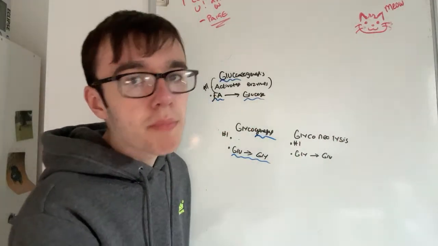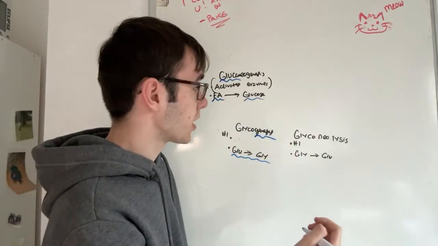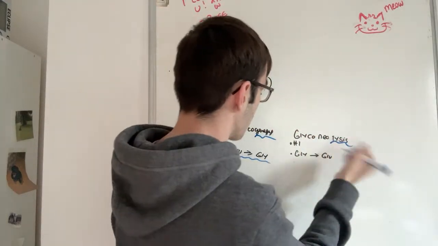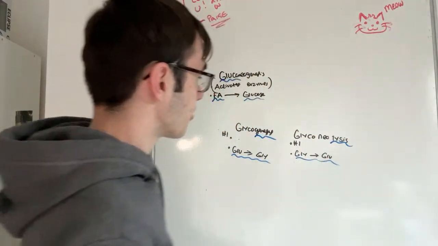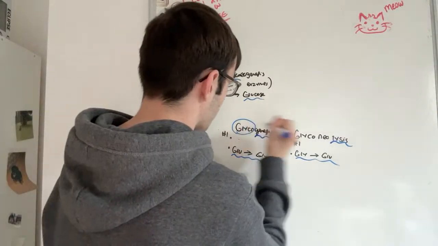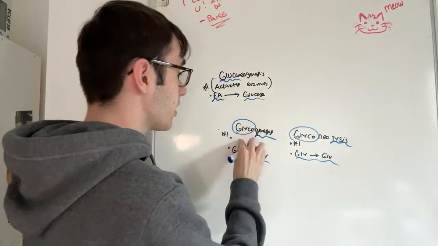Glycogen. My brain actually stopped for a second. And glycogenolysis is the lysis of glycogen. Okay. That should be fine then. Just look at the beginning and the end of each one.